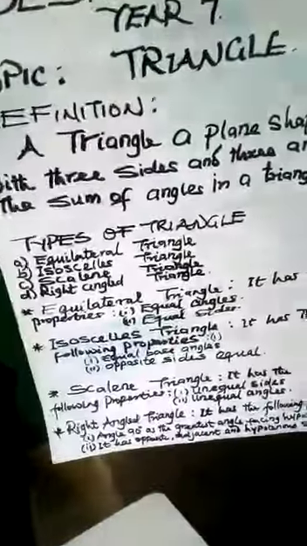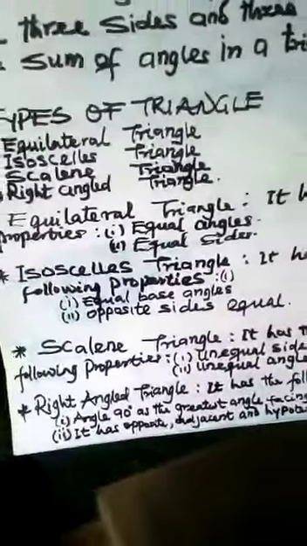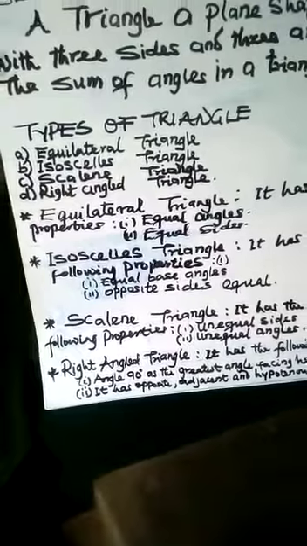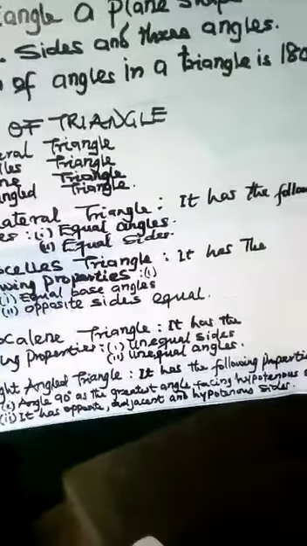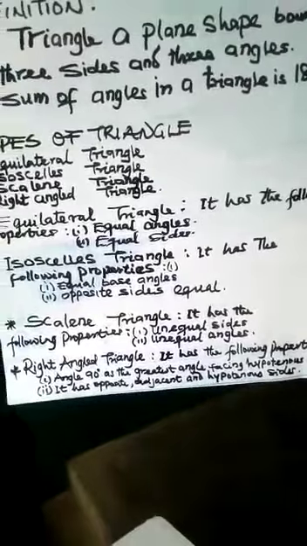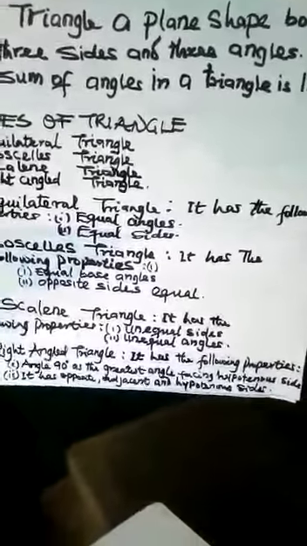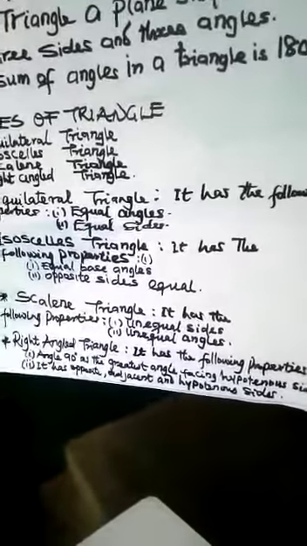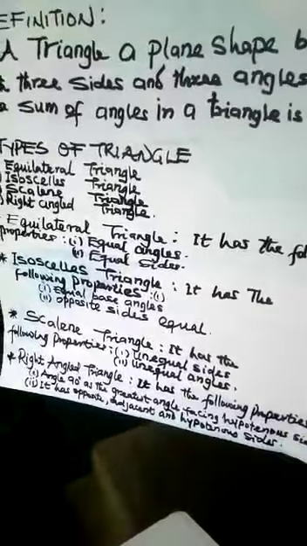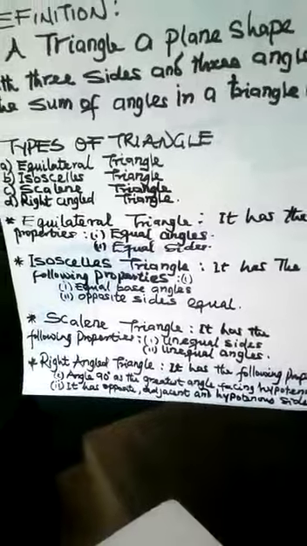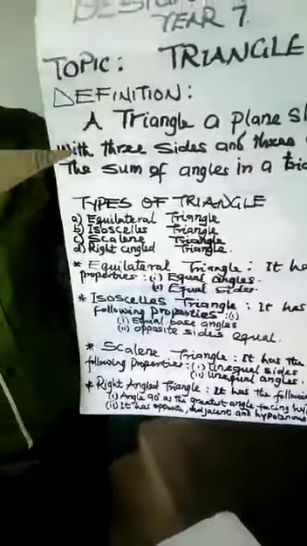Now the third type of triangle is the scalene triangle. In a scalene triangle, all the sides are not equal. In other words, it has unequal sides and unequal angles. The angles are not equal, the sides are not equal. Now you can see the shape with me here.